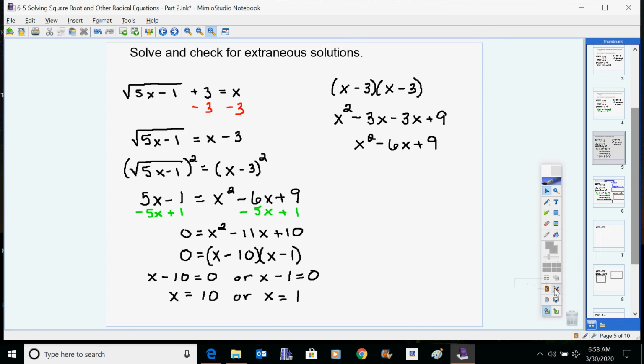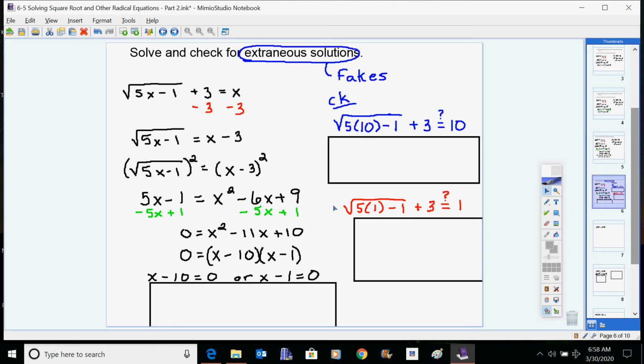We can't stop there because it says solve and check for extraneous solutions. Our extraneous solutions are actually fakes. We know that it says x equals 10 or x equals 1, but we need to determine if there are any fakes. So in order to do that, you plug in your answer and we simplify it down.